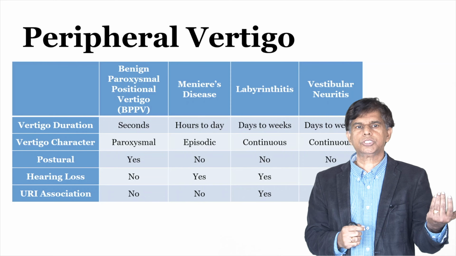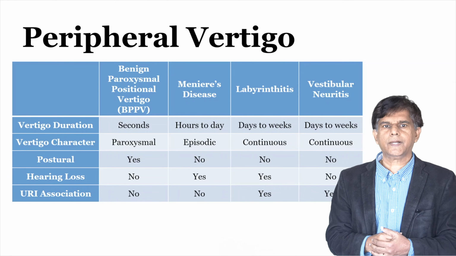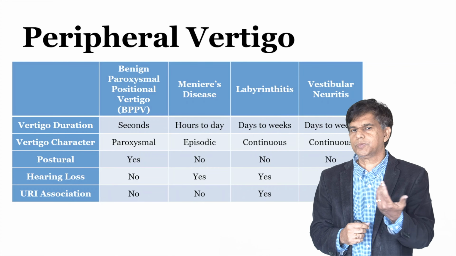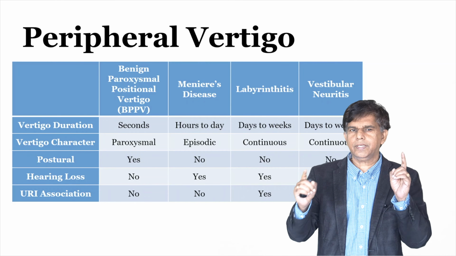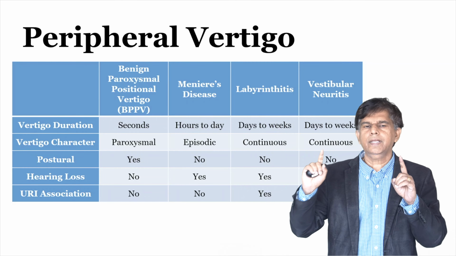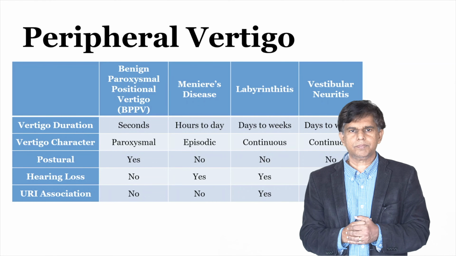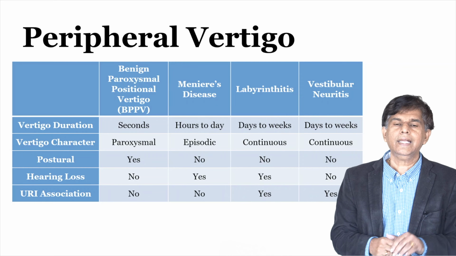Postural: benign positional is postural, Meniere's disease is not postural, labyrinthitis is not postural, and vestibular neuritis is also not positional. Hearing loss is another one. You have to know how to differentiate, okay? In benign positional vertigo, you will not have any hearing loss. But when the patient comes with Meniere's disease, there's going to be hearing loss.